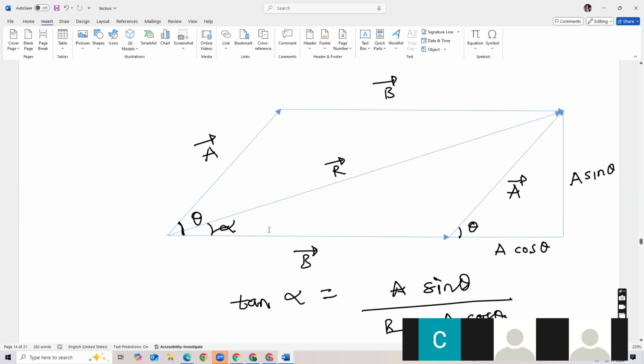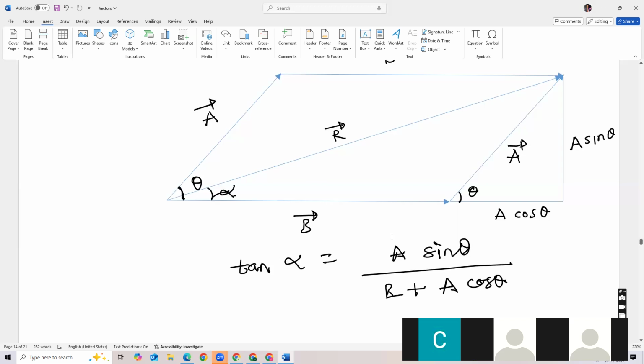So this is the angle of the resultant with vector B. So this is alpha, and tan alpha is basically A sine theta upon B plus A cos theta.